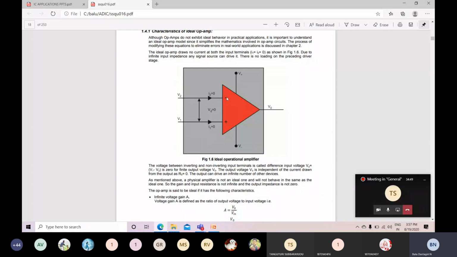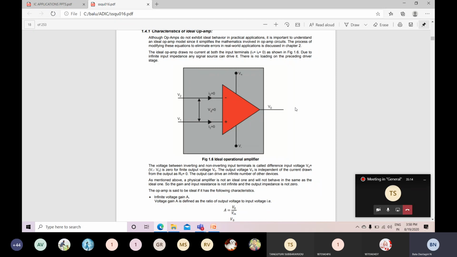Across the negative or inverting input terminal, they have taken the voltage as V2. Across the non-inverting terminal, they have taken the voltage as V1. So V1 is the voltage across the positive terminal, V2 is the voltage across the negative terminal, and V0 is the output voltage.